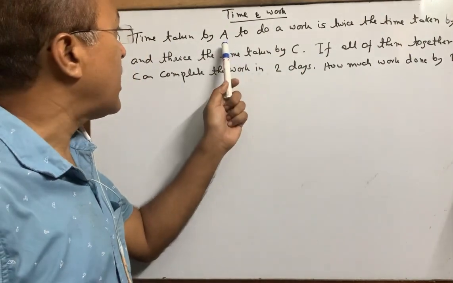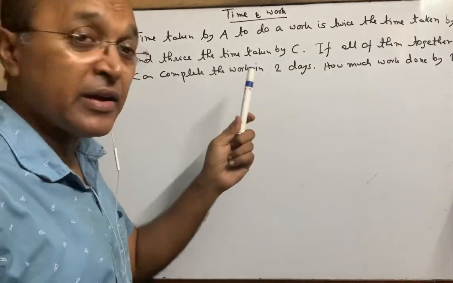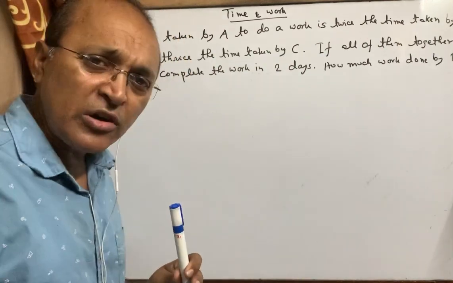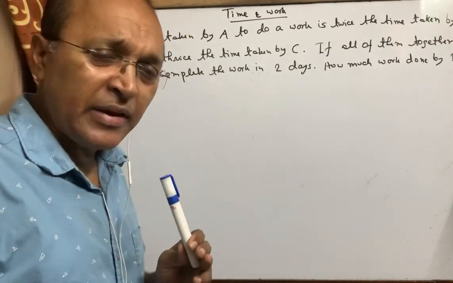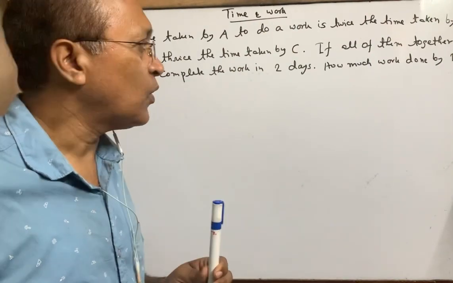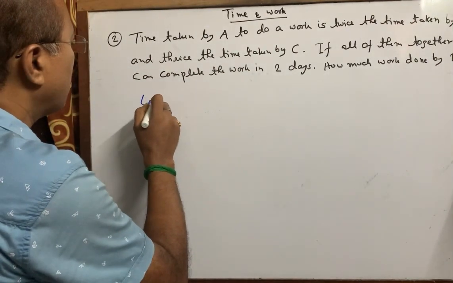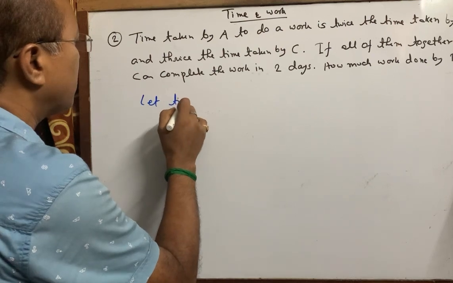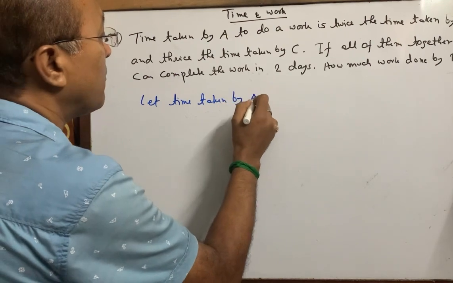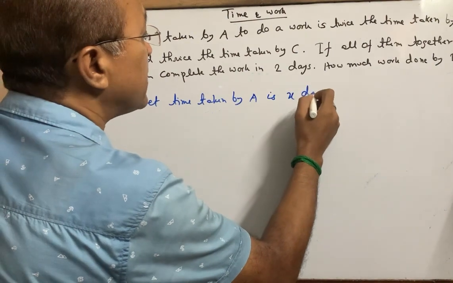Time taken by A is twice the time taken by B and thrice the time taken by C, right? So I am considering the time taken by A as X. Let the time taken by A be X days.